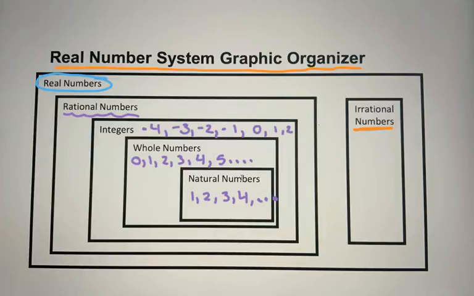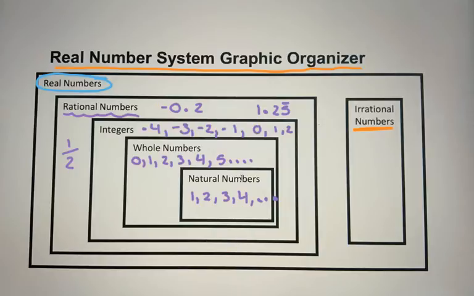And then our rational numbers are terminating, repeating, and fractions. So we can have fractions, we can have terminating decimals, or we can have repeating decimals. Okay, so that's where the rational goes.